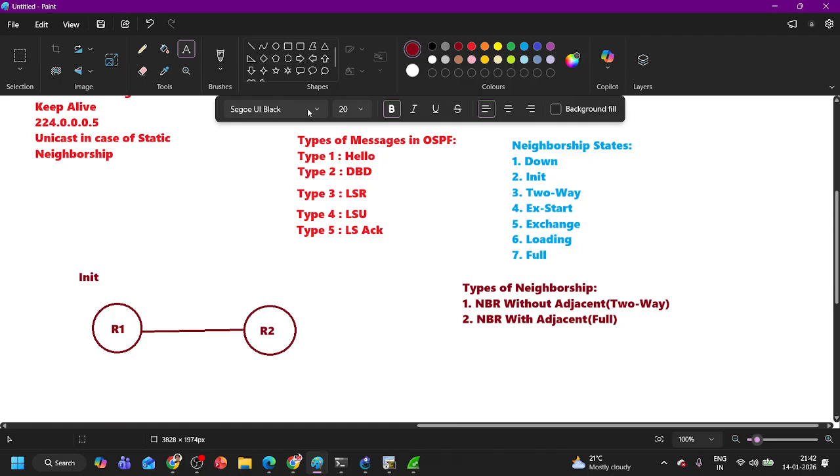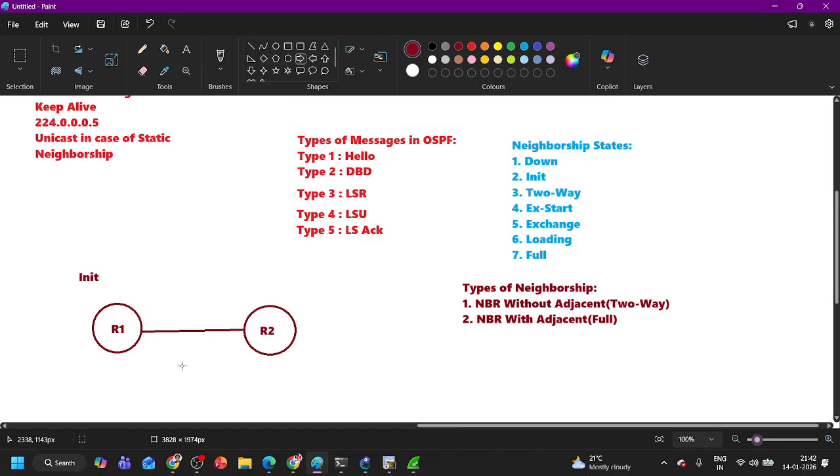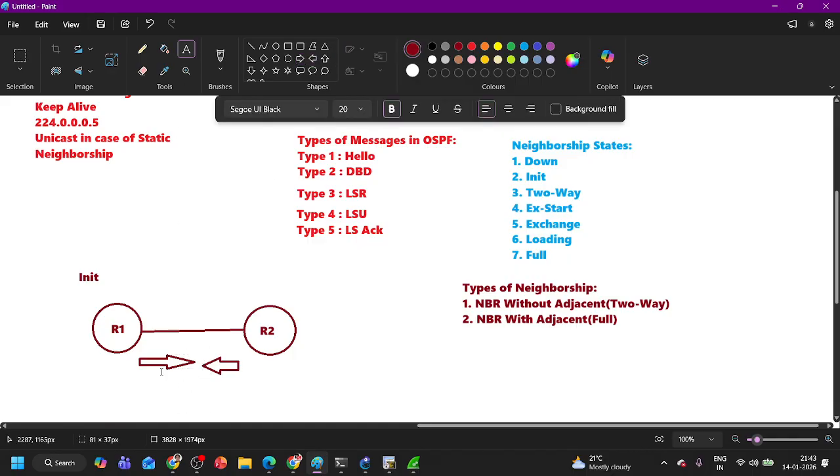Router 1 is going to send a hello message to router 2, and router 2 is going to send a hello message to router 1. In case of static neighborship, later we'll configure static neighborship as well between two routers, the state is going to be attempt instead of init. In most cases, the state is going to be init.